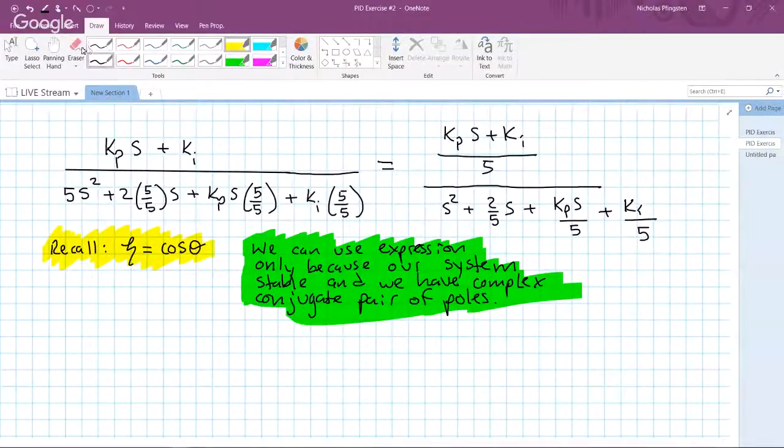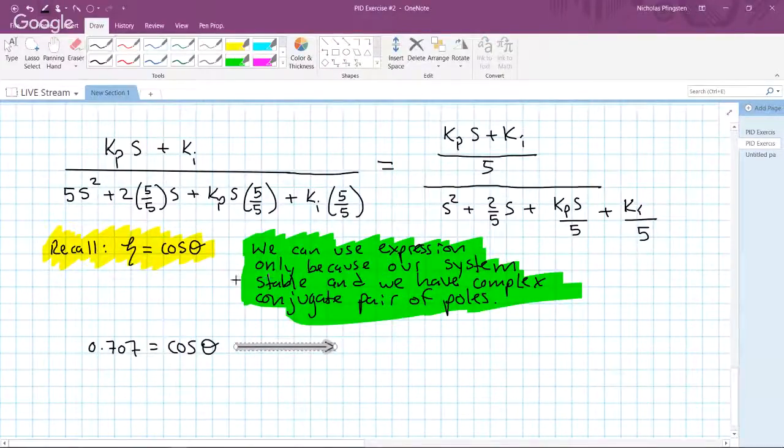So we know that zeta is 0.707, which is going to be equal to cosine theta. We take the inverse of that cosine. So theta will equal the cosine inverse of 0.707.